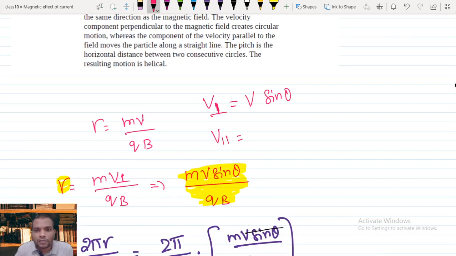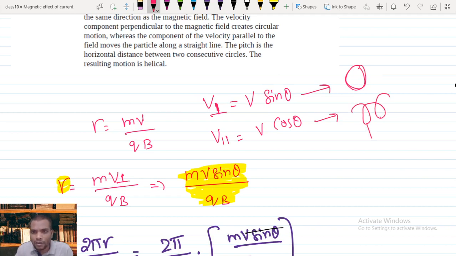The parallel component equals v cos theta, and v sin theta is responsible for making the charged particle move in circular motion. Since it's helical, after making a circle it moves ahead. It means the parallel component is responsible for moving the charged particle ahead, or otherwise we can call that a length or horizontal distance.